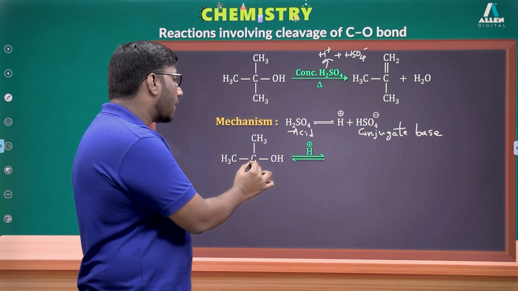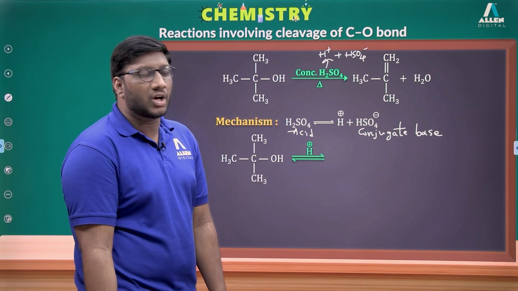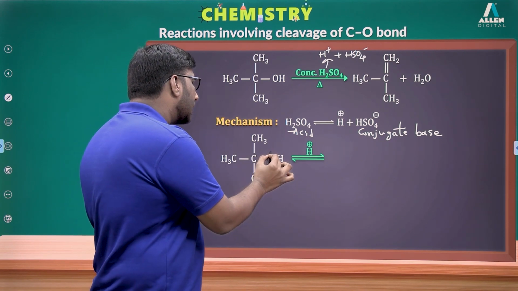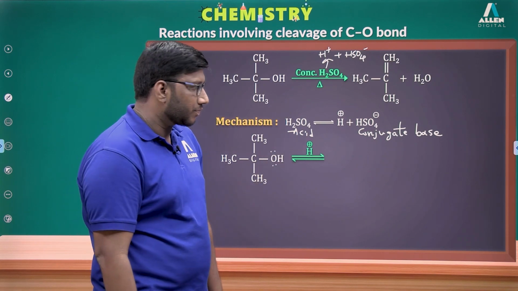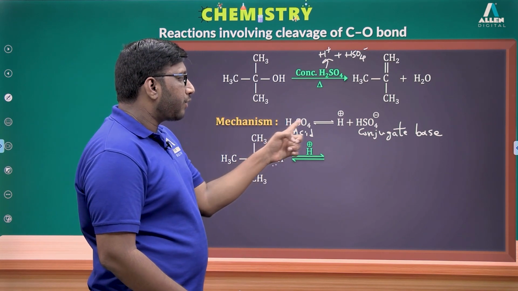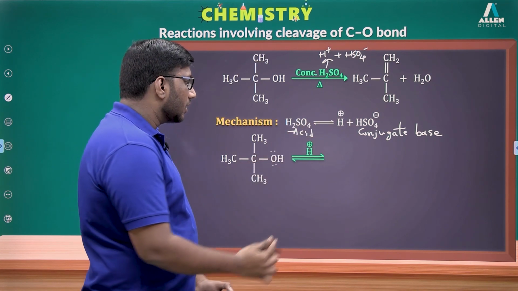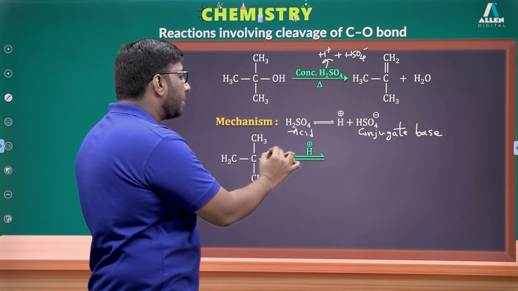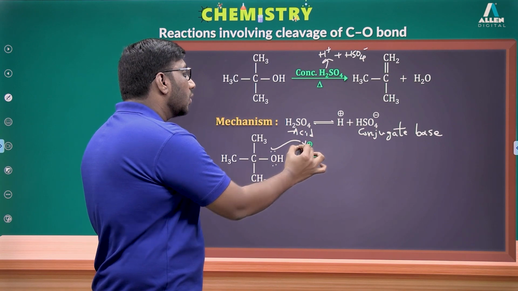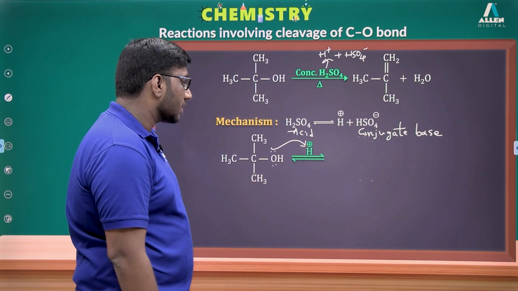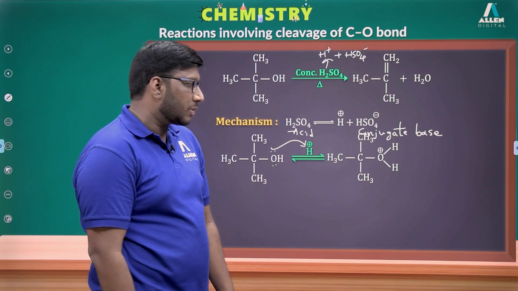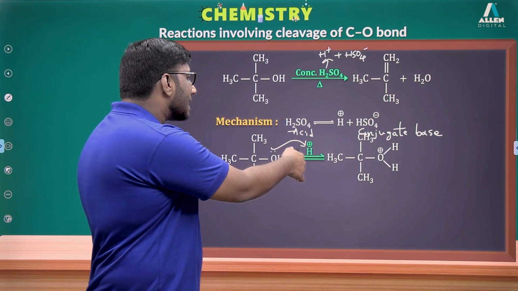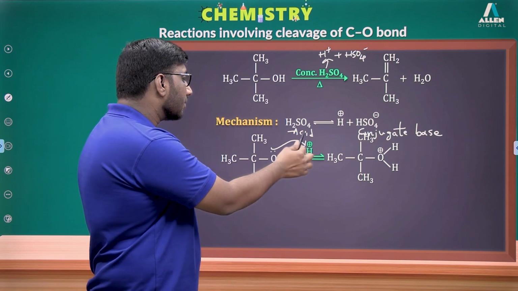We have an alcohol. In the alcohol, we have a carbon-oxygen bond and an oxygen-hydrogen bond. And on oxygen, we have two lone pairs of electrons. From the H2SO4, we get the H+ ion. So this H+ ion can be attacked by the lone pair of electrons on oxygen. As soon as they attack, what are you going to generate?